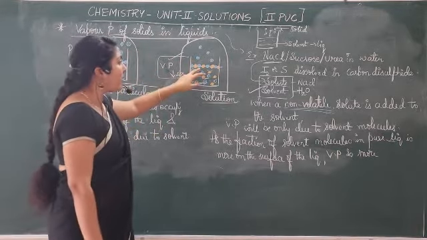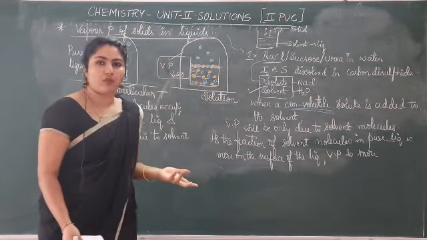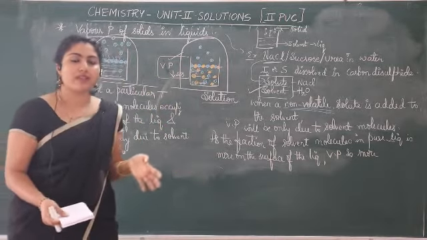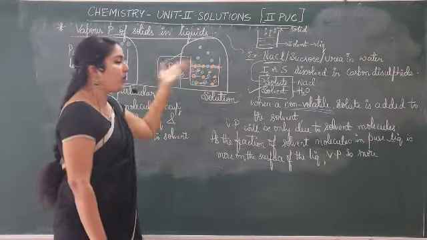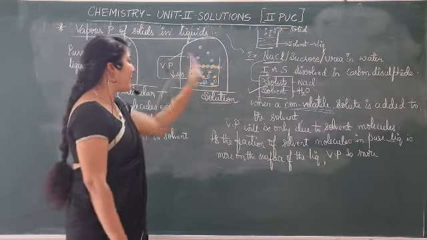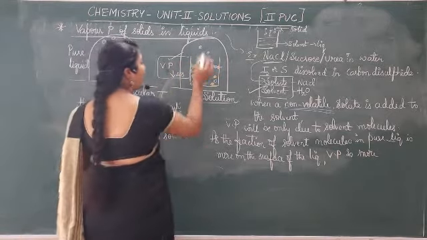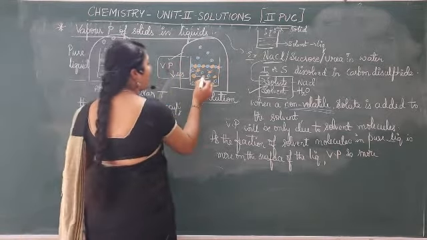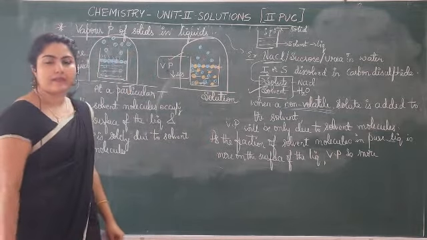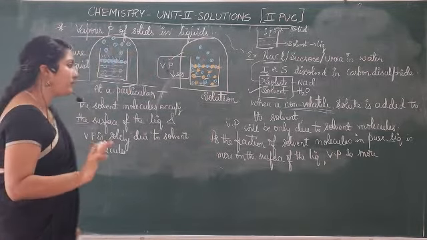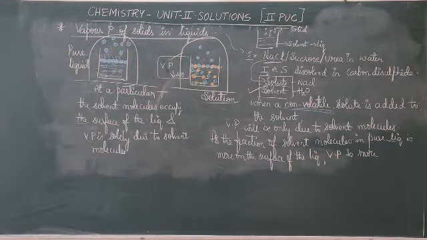It cannot escape more because all the neighboring molecules present along with it are non-volatile. So when one molecule escapes, another molecule will come to its place. That is how it takes place. Is it clear now? Okay, just make a note of it. Then we will see further.